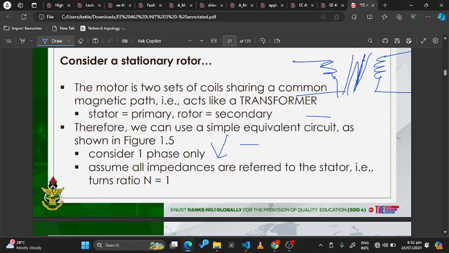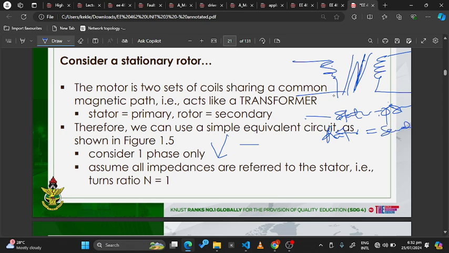So that's what we are going to do. From transformers, when we're analyzing a circuit, you either refer the primary to the secondary, or you refer the secondary to the primary using the turns ratio. Same thing applies here. In this case, our stator is our primary circuit, and our rotor is our secondary circuit.